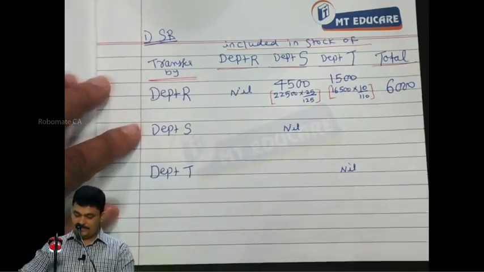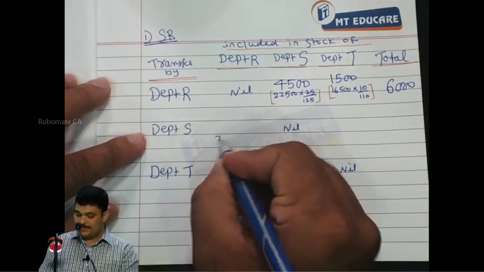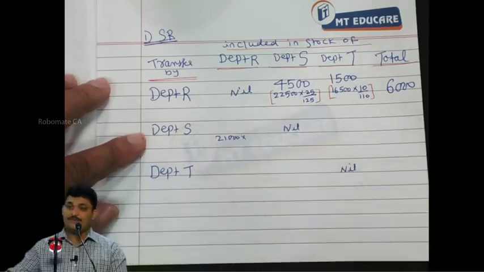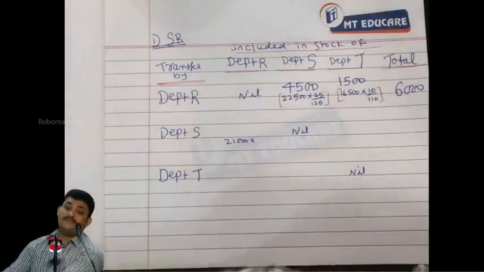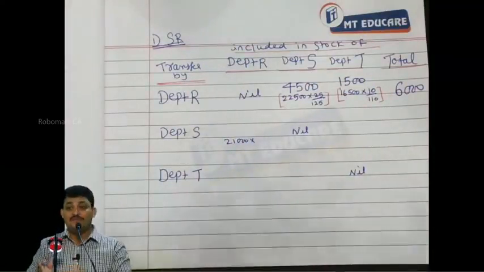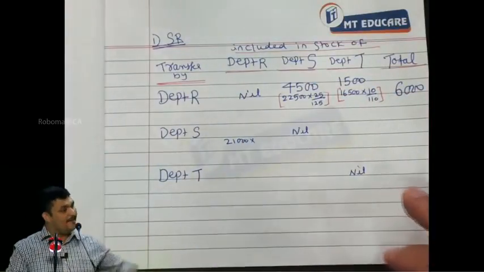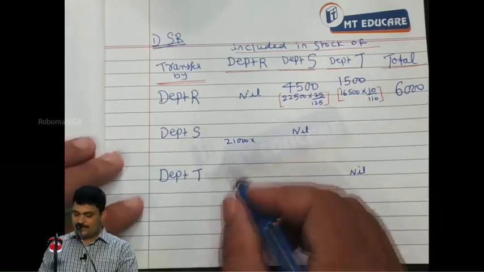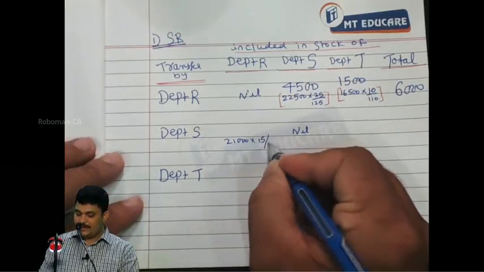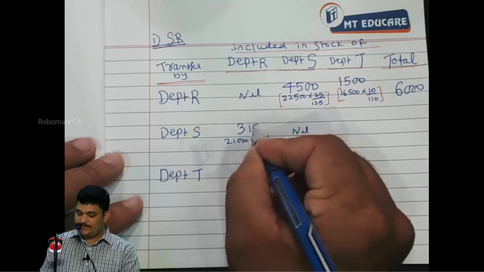Everybody? Similarly, for S to R, how much stock? 21,000. Let us identify the margin. 15% on sales. Thereby 15 by 100, it was given as sales. So thereby directly 15 by 100, there is no need for conversion. Understood? So thereby it is 15 by 100. 3,150.